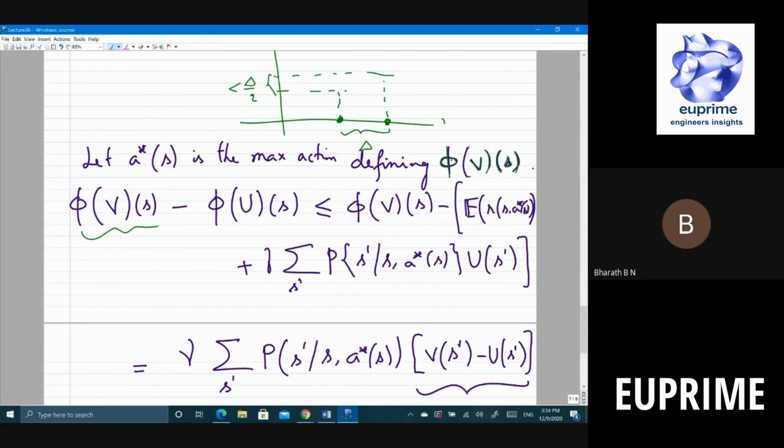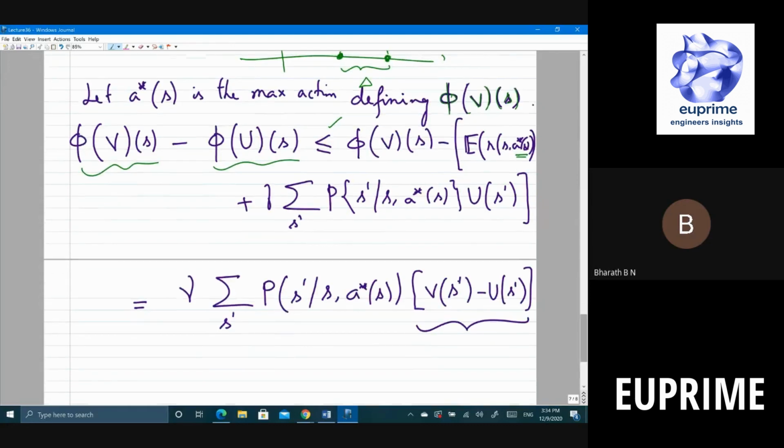So the action A star of S is the maximizing action with respect to phi of V of S, not phi of U of S. In the definition of phi of U of S, there is a max over all actions, right? But instead of that maximum action, I'm going to take A star of S. So it won't maximize the term, so it will result in a smaller quantity. That's why it results in less than or equal to.